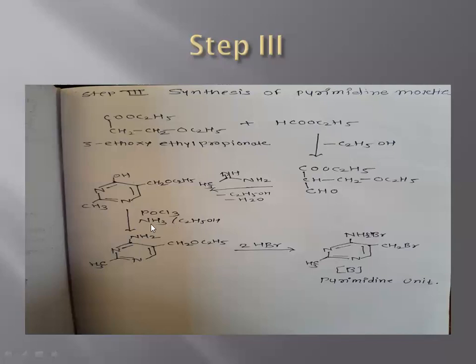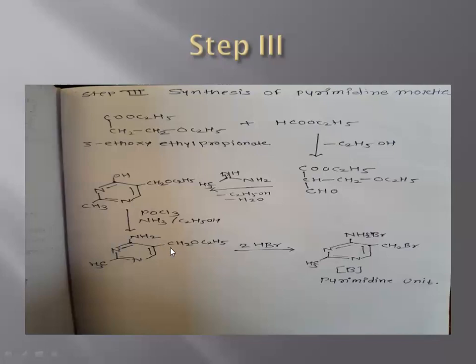After that, the NH2 minus will substitute at the position where the OH was present on that carbon atom. It is nothing but a substitution reaction, where that OH is replaced by an amine, NH2.